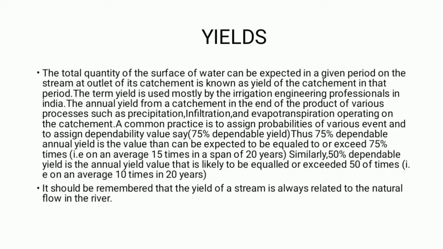Similarly, 50% dependable yield is the annual yield value that is likely to be equaled or exceeded 50% of the time, for example, an average 10 times in 20 years. It should be remembered that the yield of a stream is always related to the natural flow in the river.